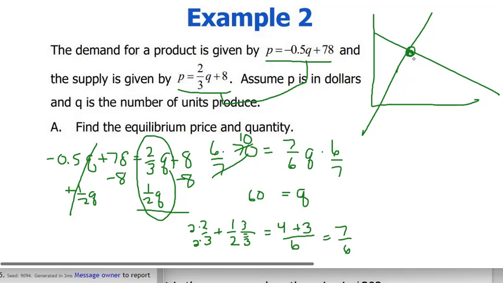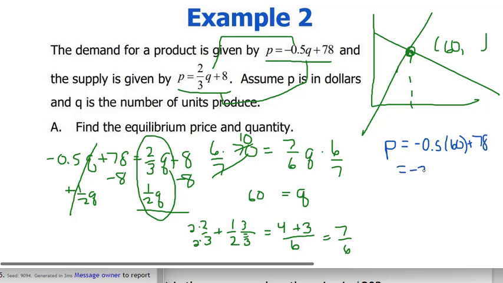So the quantity is going to be 60. I still need to figure out what the price is. I could use either of these two equations, it doesn't matter. I'm going to plug 60 into one of them. So let's go ahead and use the first one. P equals negative 0.5 times 60 plus 78.